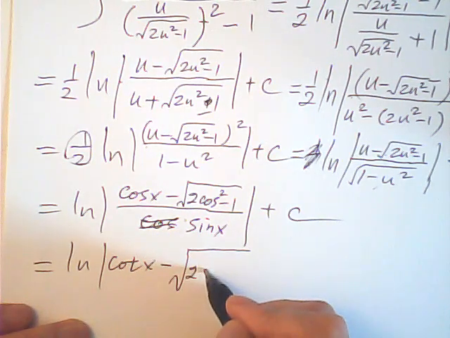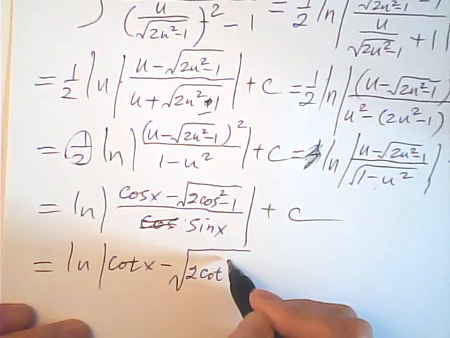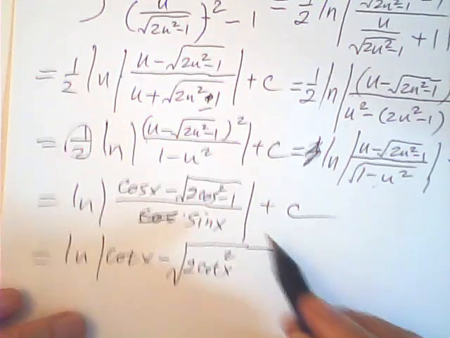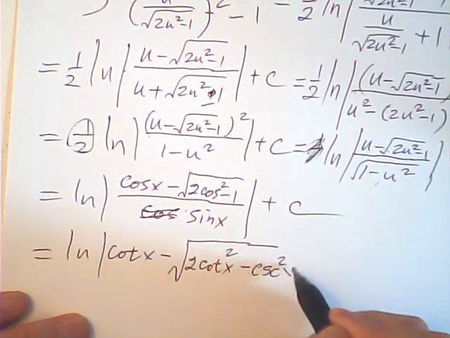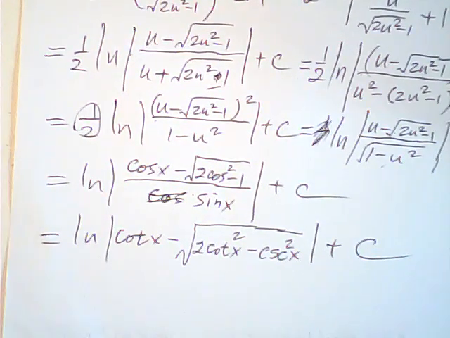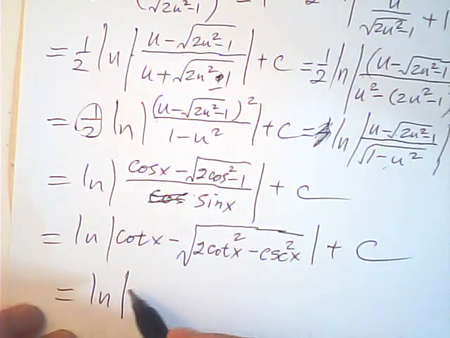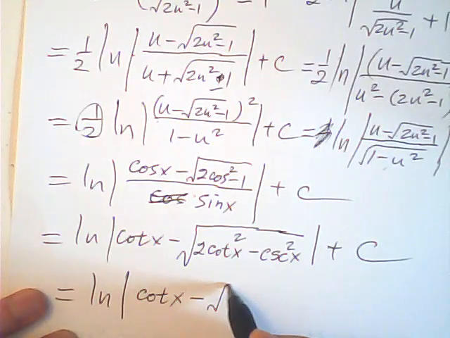It becomes 2 cotangent square. 1 over sine square is cosecant square. Wow. Then this is cotangent. Finally, I get a nice answer.